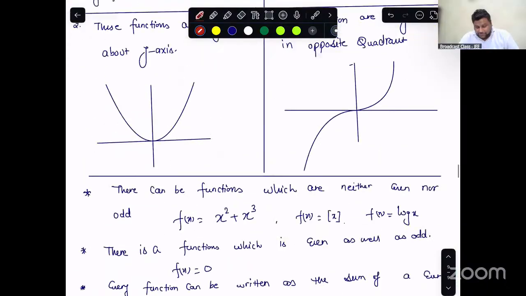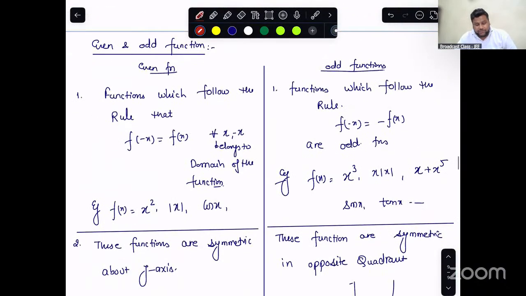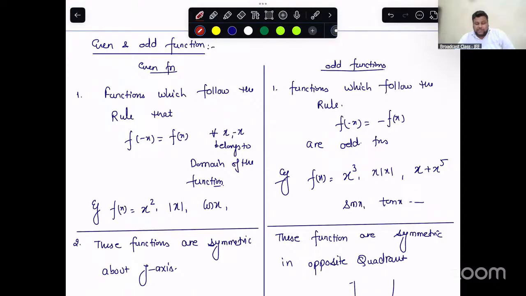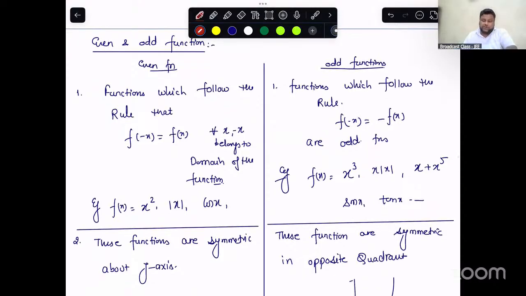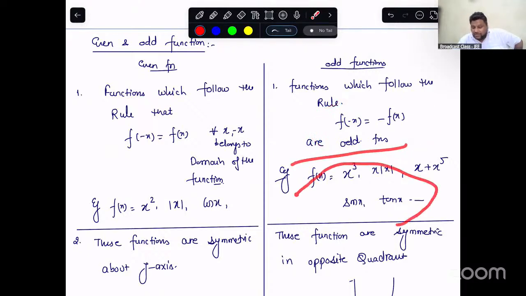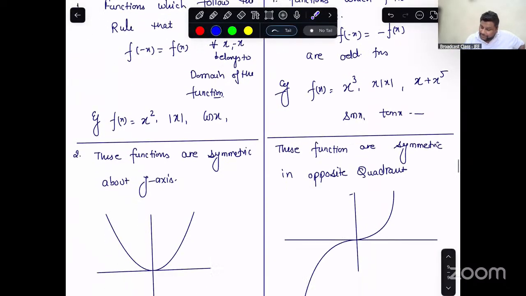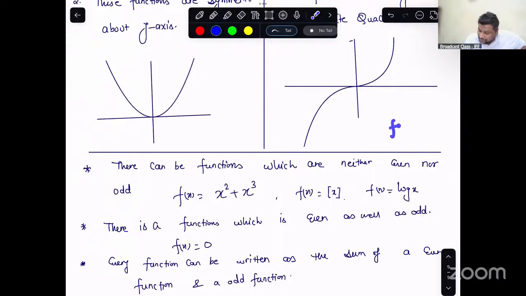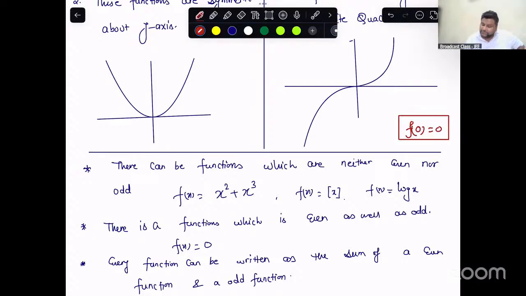So today, first of all, I explained to you even and odd functions. The function which follows f of minus x equals f(x) is called an even function. They are symmetric about the y-axis. The function which follows f of minus x equals minus f(x) is an odd function. They are symmetric in opposite quadrants. An important point you should remember is that f of 0 is always 0 for odd functions.